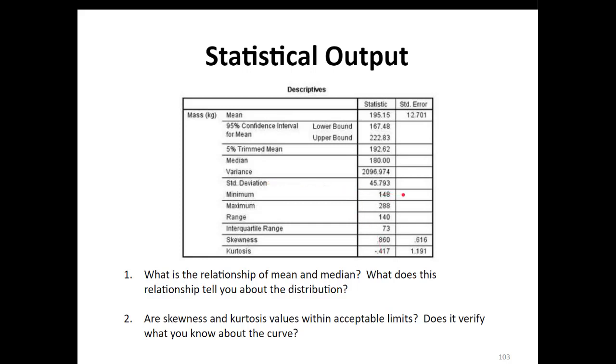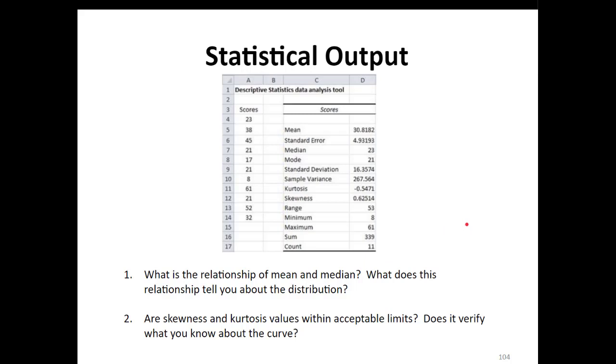According to the numerical output here, the mean is greater than the median, so we assume a positive skewness. It's verified by the skewness value of positive 0.86, which is still within the acceptable range. And the kurtosis is -0.417, which is also within the acceptable range. So just by the statistical output, this data would look pretty good.